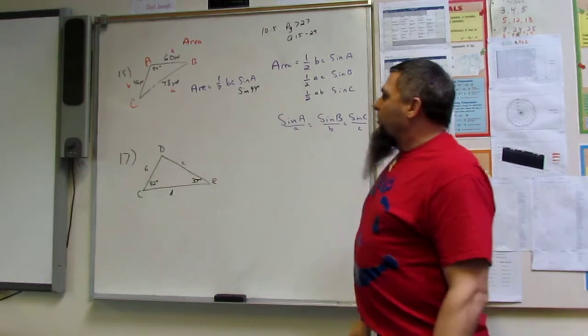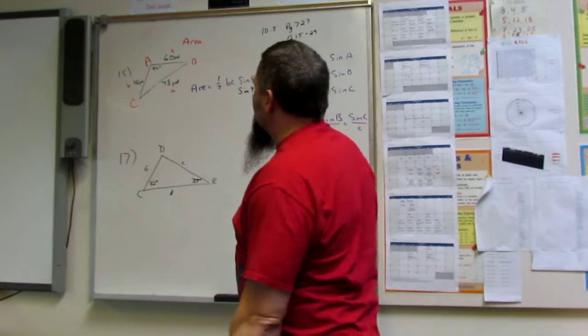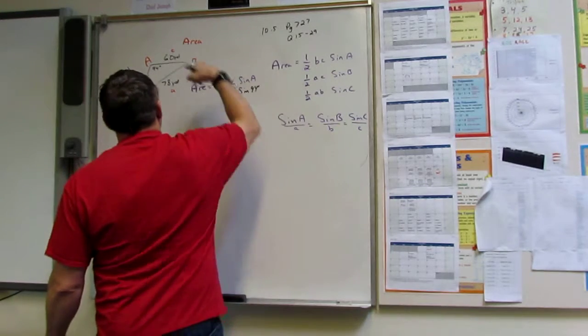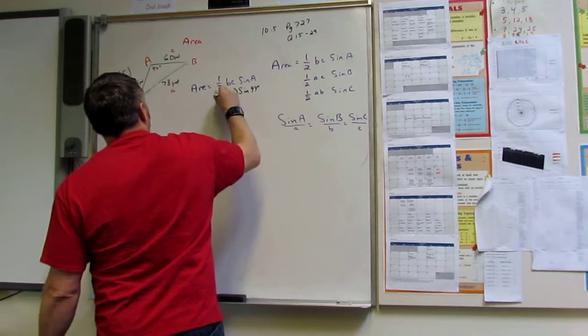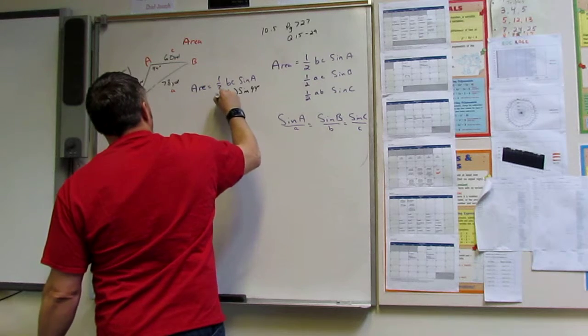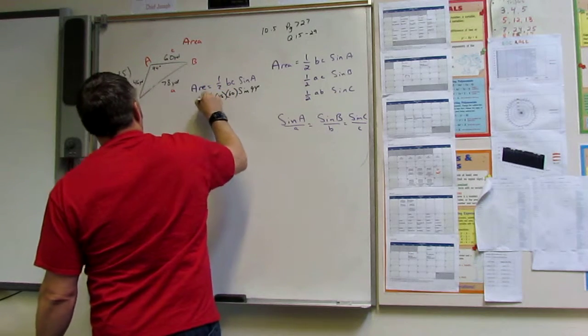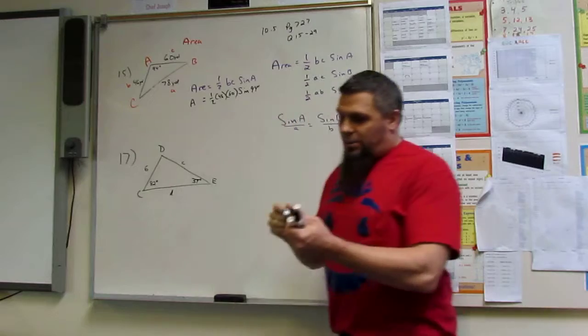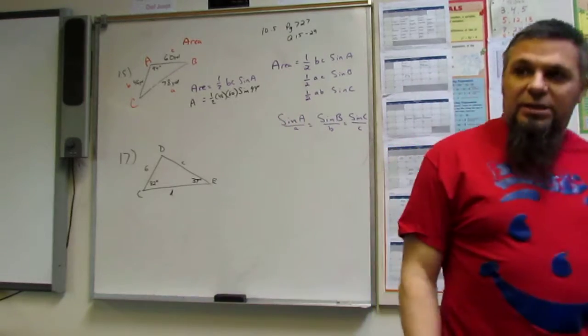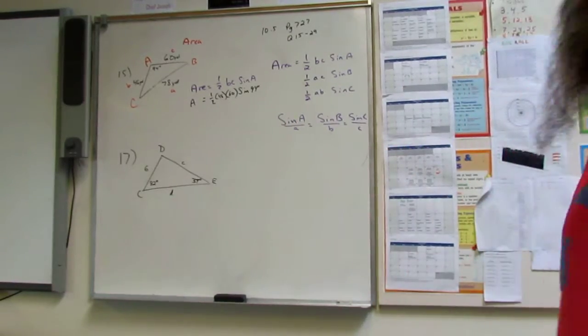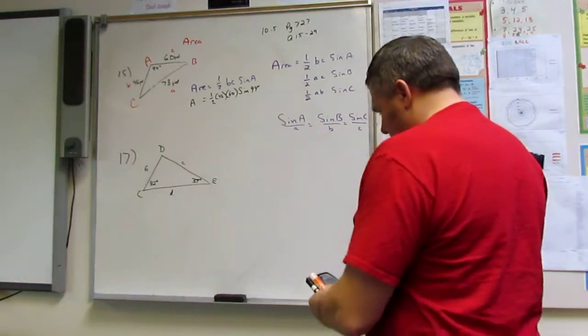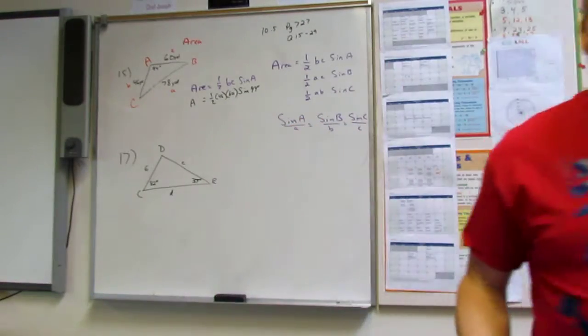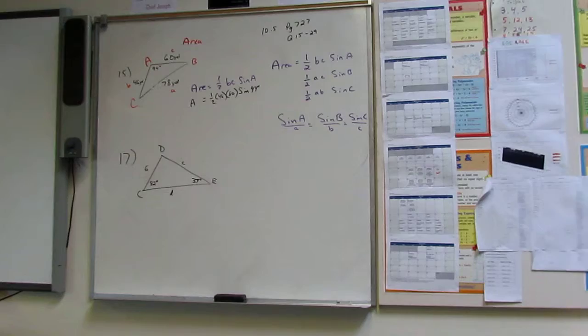And so we need to use B and C, which is C is 60 and B is 46, and 1/2. That's what the area is going to equal. And so we just throw it in our calculator now. It's all calculator work these days.